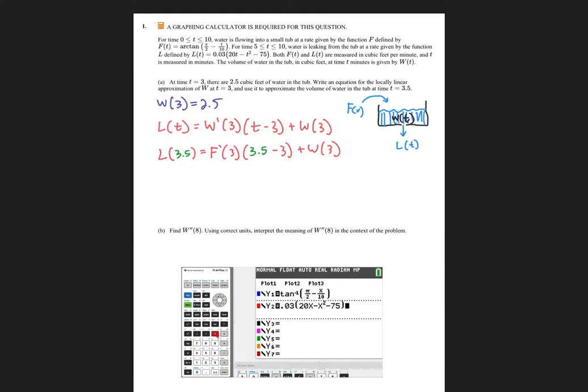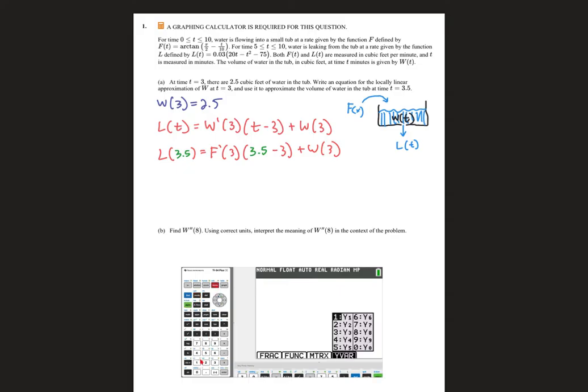Okay, so now we're just going to go back to a blank screen and do this. So now let's get y1. Remember, y1 is really f prime. So remember, now we're going to plug in 3 into f prime, just like our formula says.